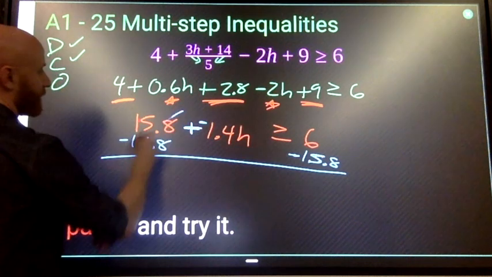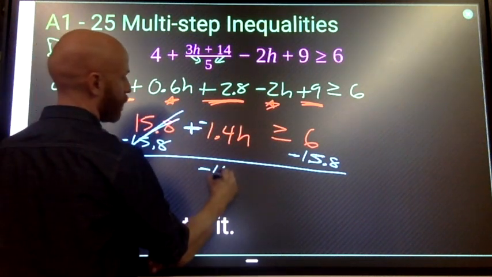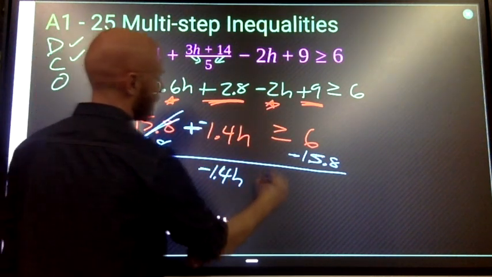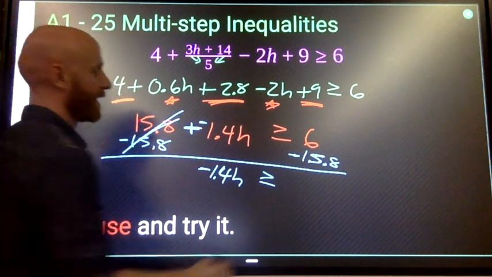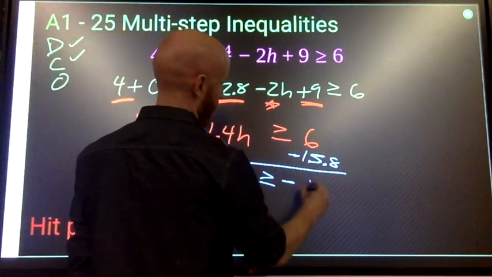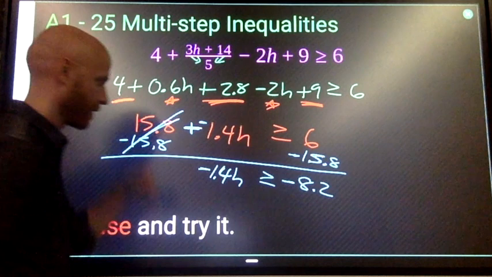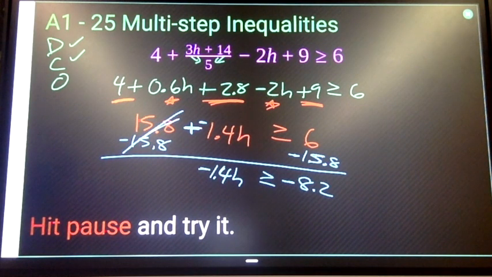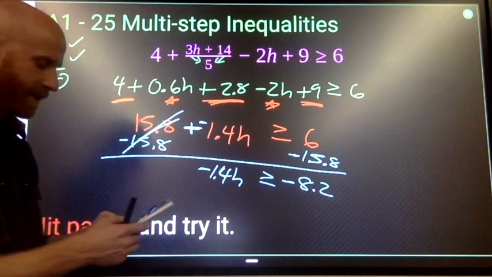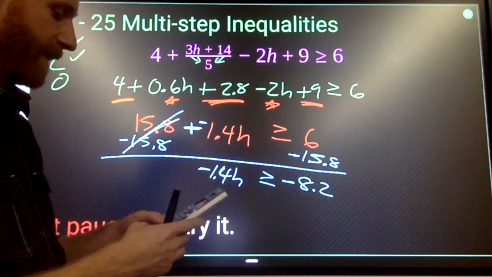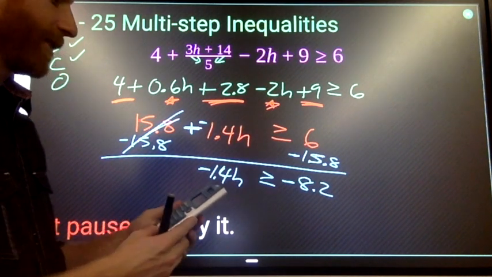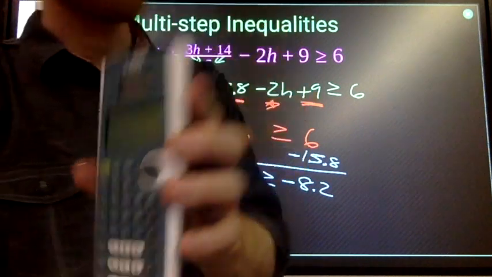We got negative 1.4 H's is bigger than or equal to negative 8.2. Double checking with this calculator. 6 minus 15.8 is negative 9.8. So I messed that up.